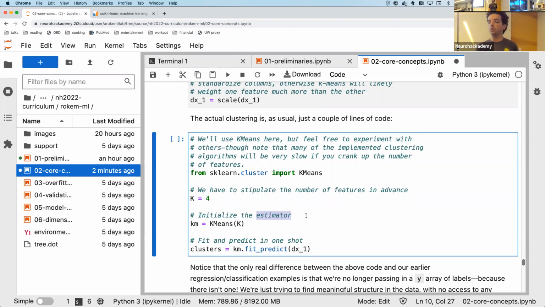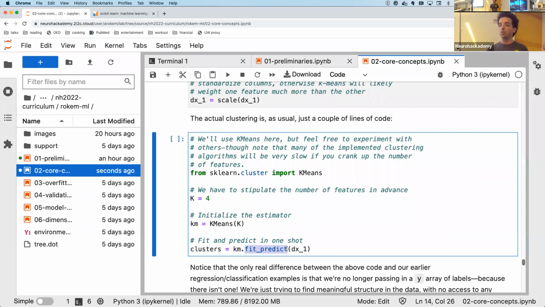The details are not too important, except to say, here we're initializing this thing, and notice this time we're initializing it with an input, because it does need us to tell it something. Remember, when we did the linear regression, we didn't need to tell it anything in order to initialize the object. And then we're fitting and predicting in one shot.